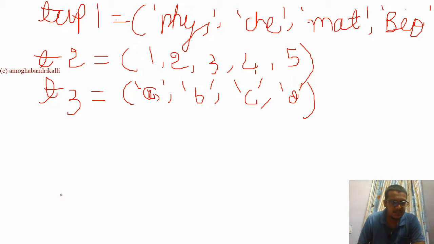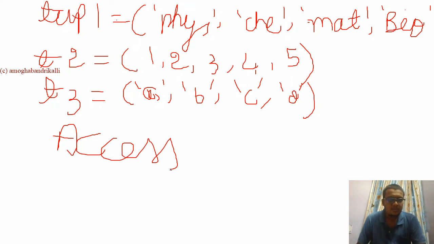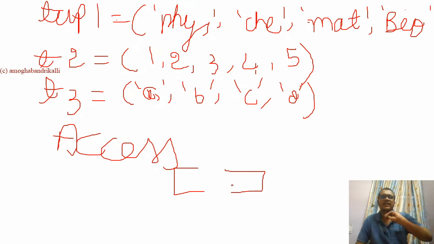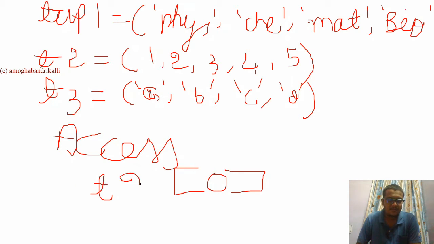The next one is how to access it. Tuple accessing happens by square brackets. In any of our data types, be it a list, a dictionary, or a tuple, the accessing is based on square brackets itself. You can pass the index like 0 with the tuple variable already created, and the first element is accessed and you can print it.